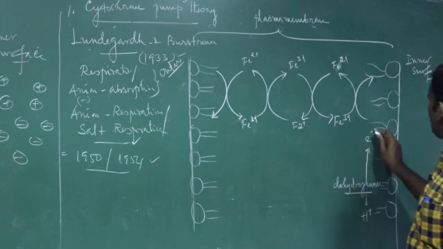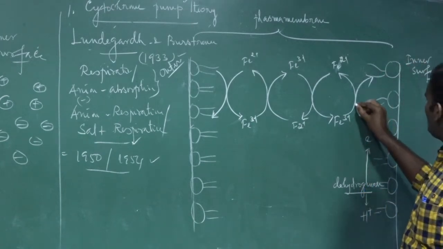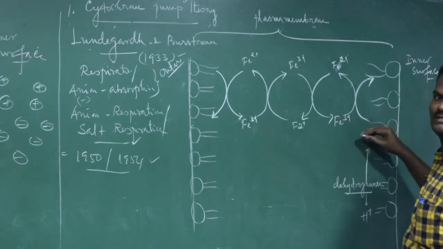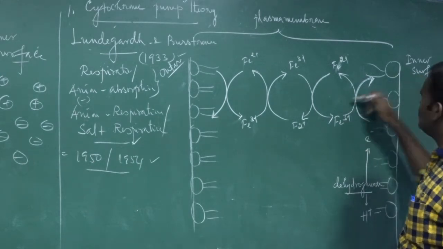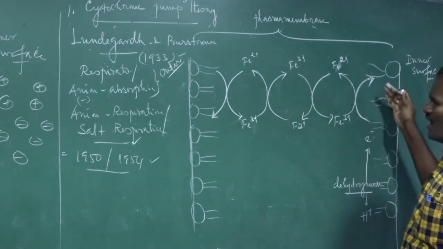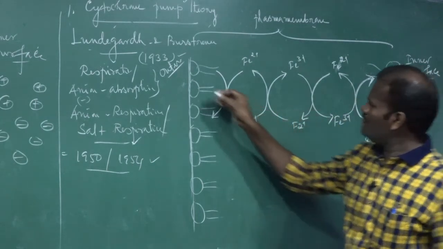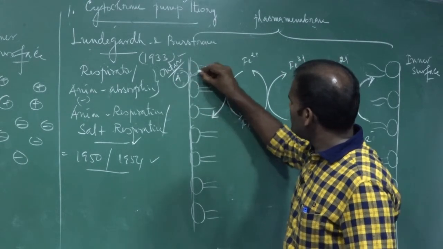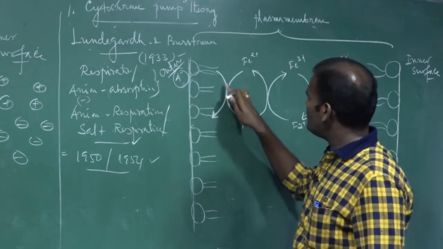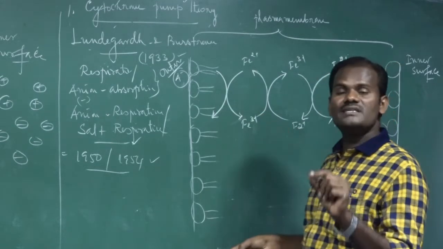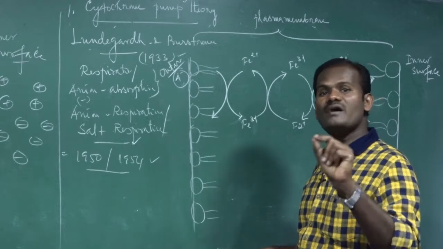The electrons are passed outwards through various electron carriers, and correspondingly the negatively charged anions are picked up and brought inside the membrane by the enzyme called cytochrome oxidase.